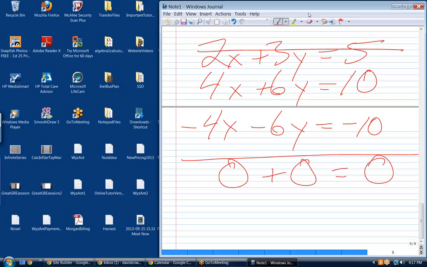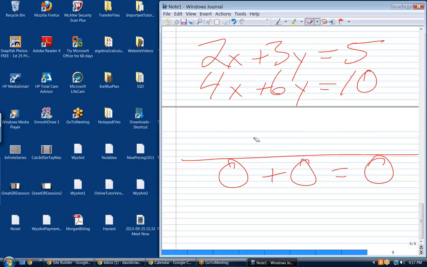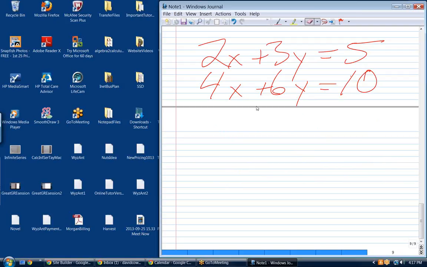The reason that it didn't work is because the second equation is merely the first equation times 2. So you can't just have any 2 equations to solve. They have to be independent from one another. And these are not. This one is merely a multiple of the first one, so it doesn't add anything at all.